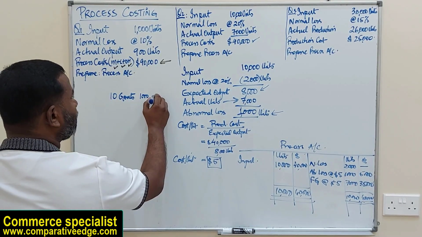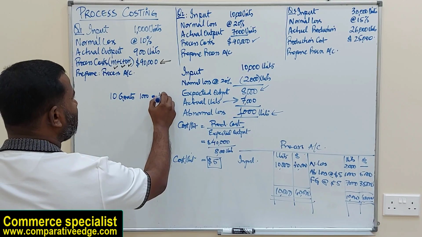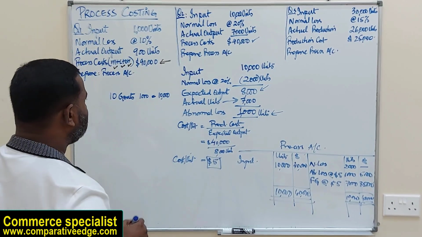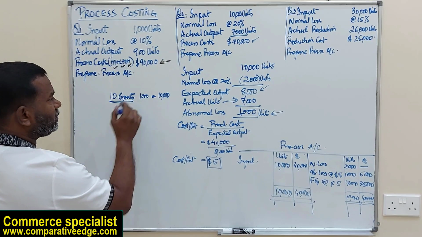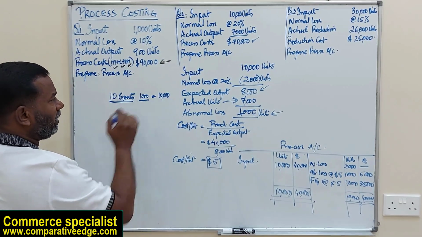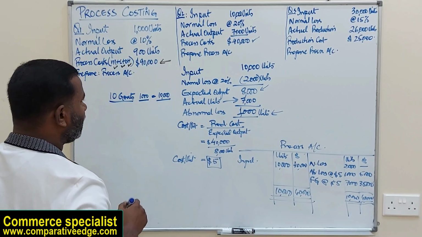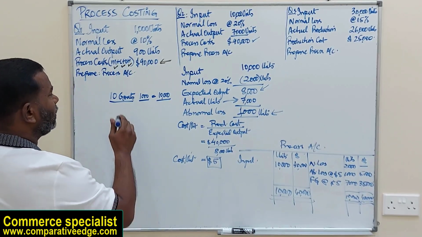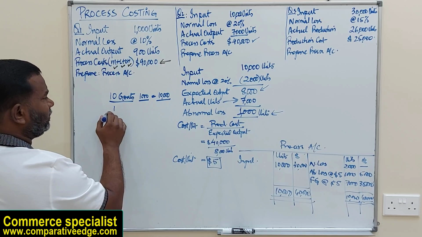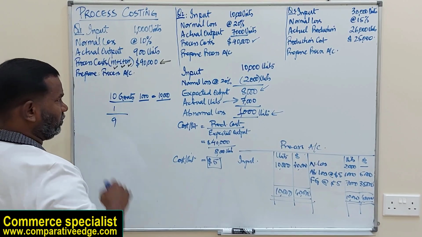So what is the total cost of the goats? 10,000. What happened? One of the goats died. So now you're left with 9 goats.